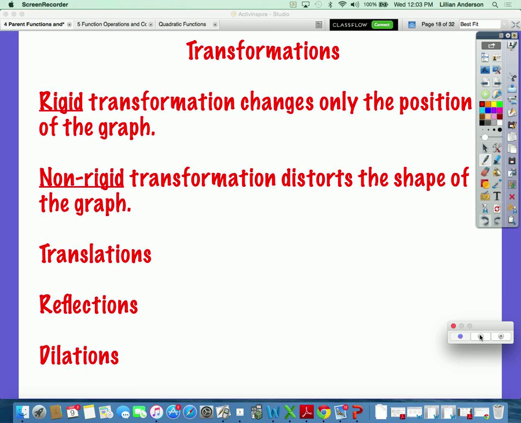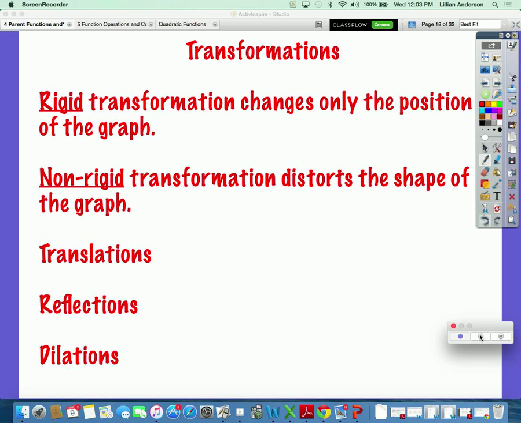So reflections are flips. Lastly, dilations. What's a dilation? Make it smaller or bigger. Think about it. When they dilate your eyes, when you go for your eye exam, your pupils get bigger. So dilations are either going to make you bigger or smaller. Narrower or wider. All right.